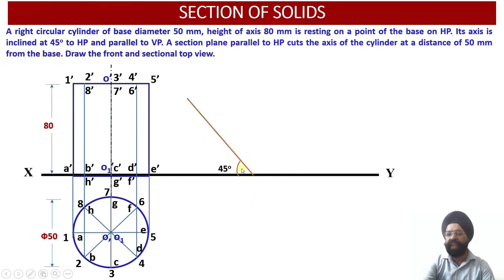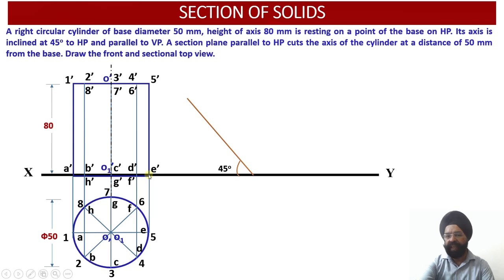As we have already discussed, we are going to initially draw the inclination of this front view with respect to the base angle. So the base inclination will be 90 degree minus the axis angle. The axis angle is given to us as 45 degree, so the angle of inclination of the base will be 90 degree minus 45 degree, which is equal to 45 degree. Now let us transfer all these points.